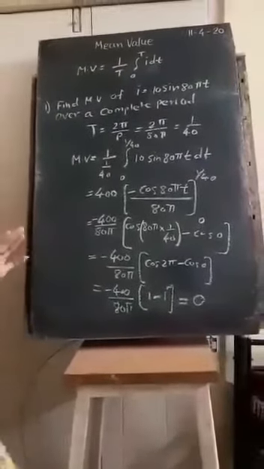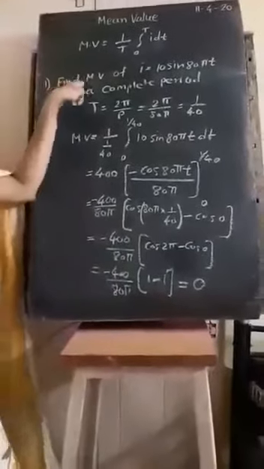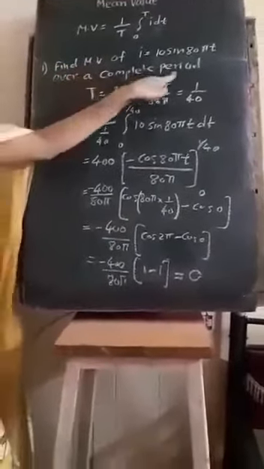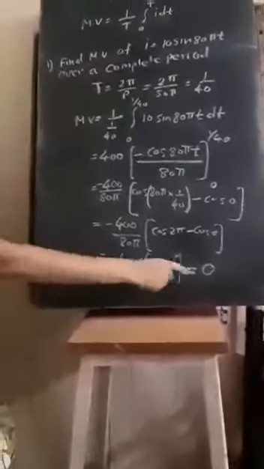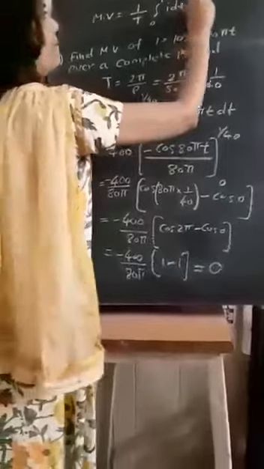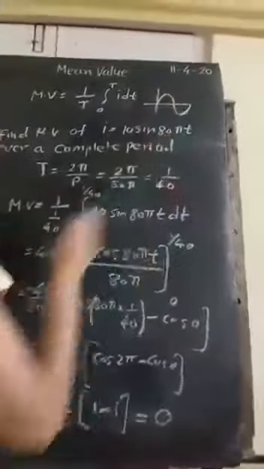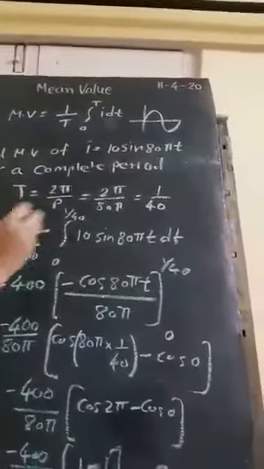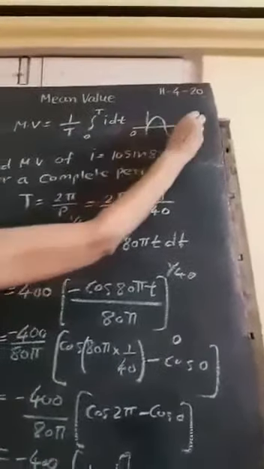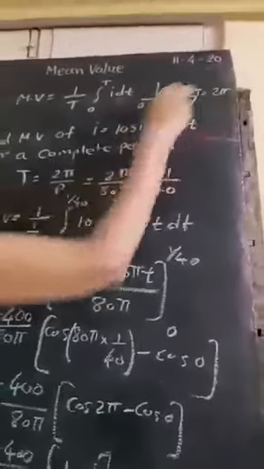Now please note, if we are having a periodic function and if we are calculating the mean value over a complete period, the answer will always be 0, as you see in this diagram. This is my sine function. It is from 0 to T. This is the complete period of the sine function, that is 2 pi.